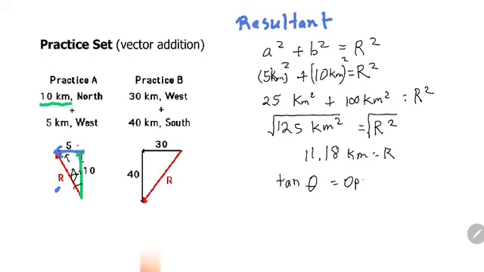Opposite over adjacent. The opposite is the 5. The adjacent is the 10. This will become 0.5. Diba? 5 divided by 10. We will get 0.5 or 1/2.